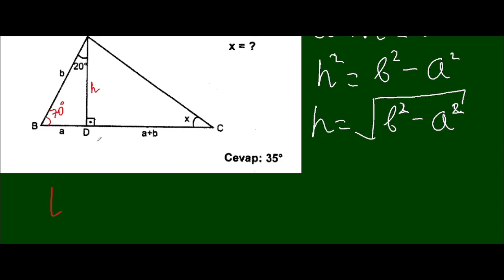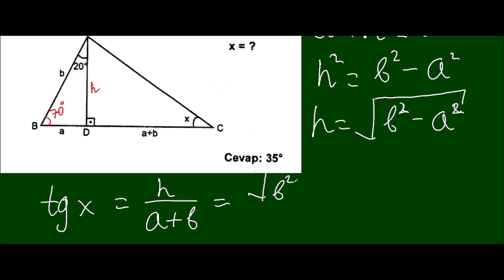So the tangent of x is equal to h over a plus b. Here we can plug into h this square root of b squared minus a squared over a plus b.